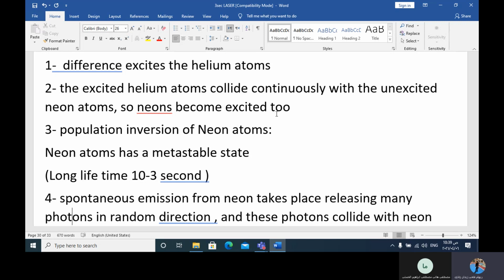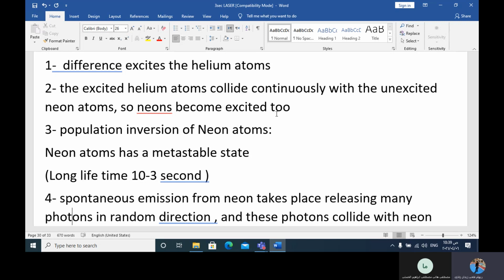And that's what we want. We want to excite neon atoms because they are the substance that I'm going to use to produce the energy of the laser. So what happens is when I have more neon atoms excited, I will reach the start, which is the population inversion of the neon atoms.